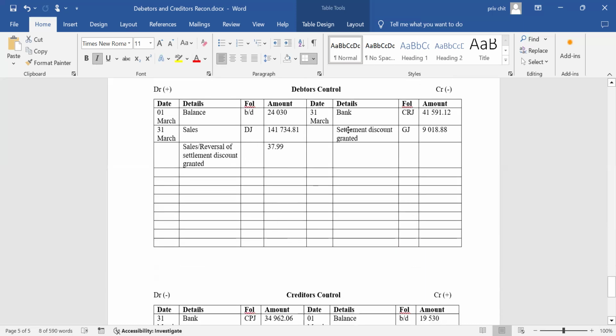So on the credit side of our debtors control, we are going to have sales returns like that. And then it's coming from the debtors allowances journal. And how much is the amount? It's 2,450 rands. That will be the amount that goes there. So far, so good, guys. Yes, sir.